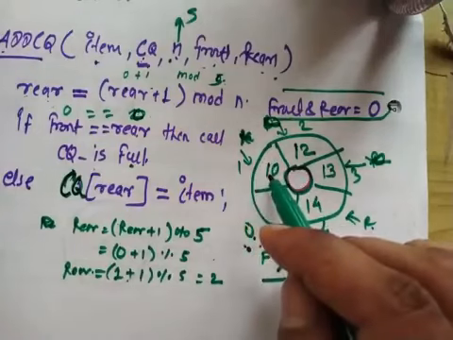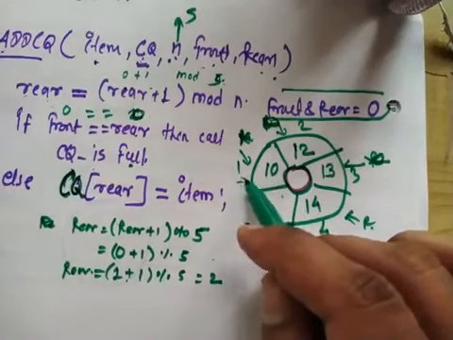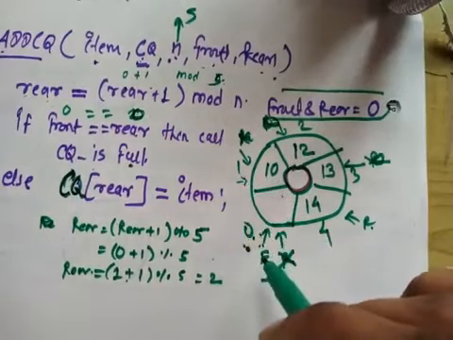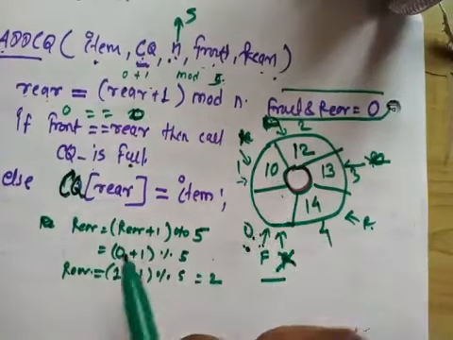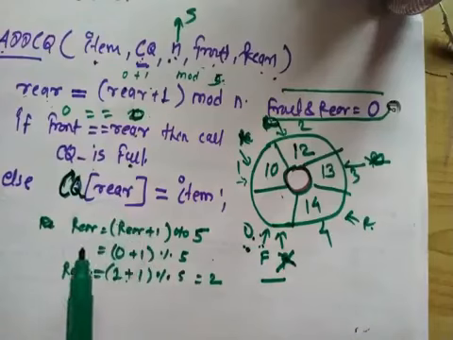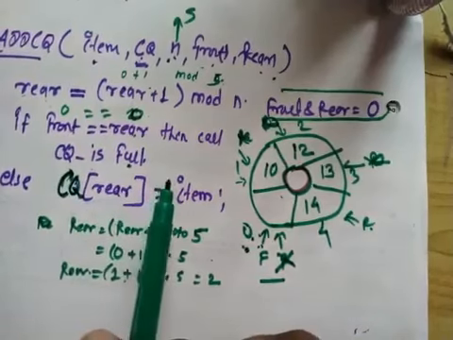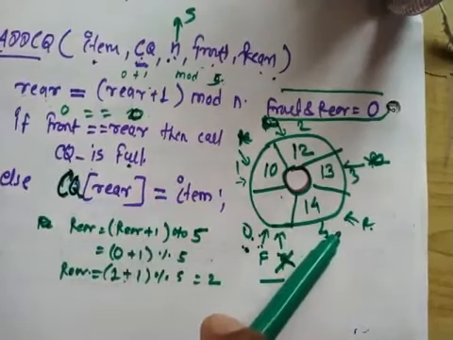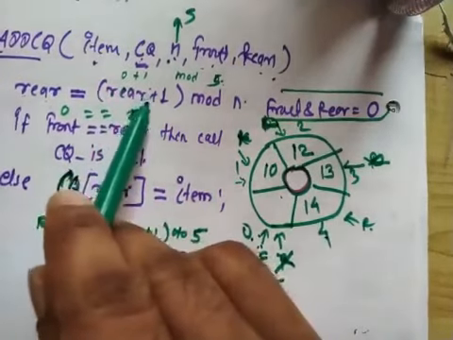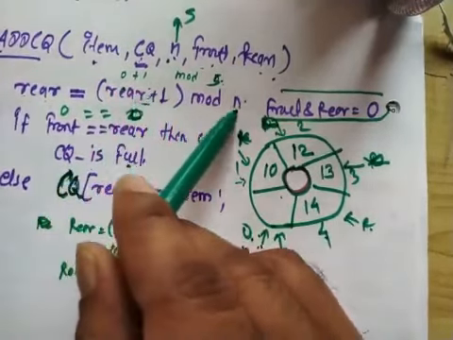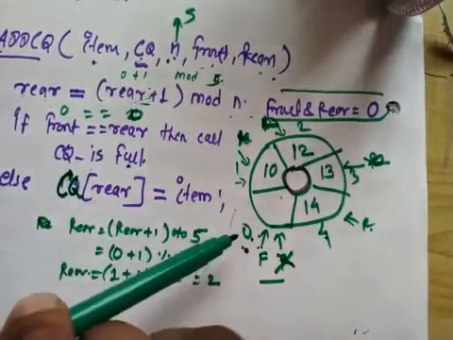Now if I delete element 10 from here, my front is pointing to index 1. Now suppose I am going to insert an element into the queue. What is the rear value now? 4 plus 1, that is 5 modulus of 5, that is 0. Now rear will point to index 0.